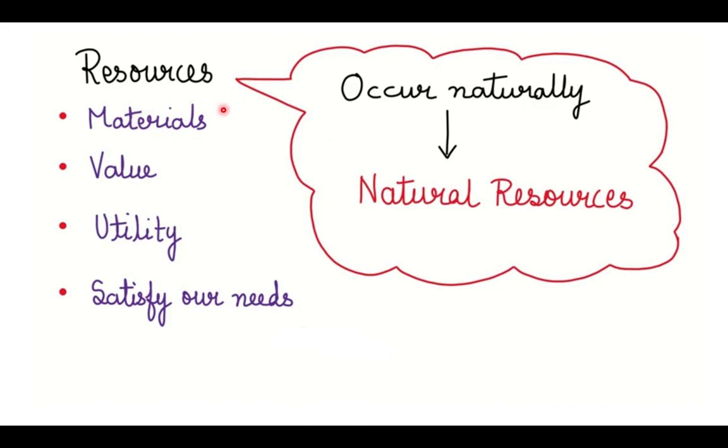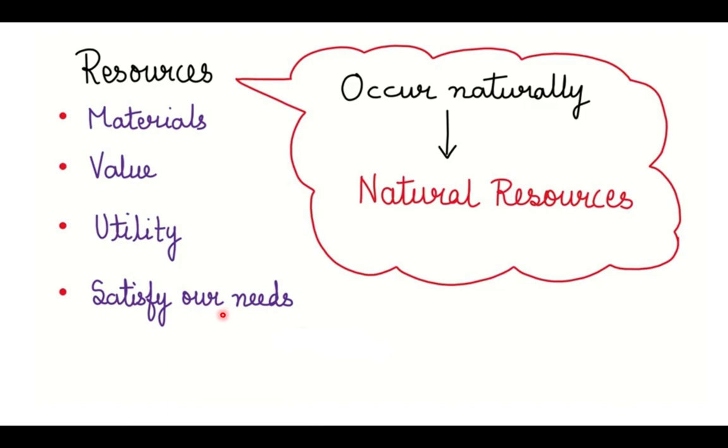The materials which are received in a natural way have certain value, and these valuable products are utilized by us and satisfy our needs. For example, petroleum products are obtained naturally, have great value, and we are utilizing them to satisfy our needs. They are very helpful for us.